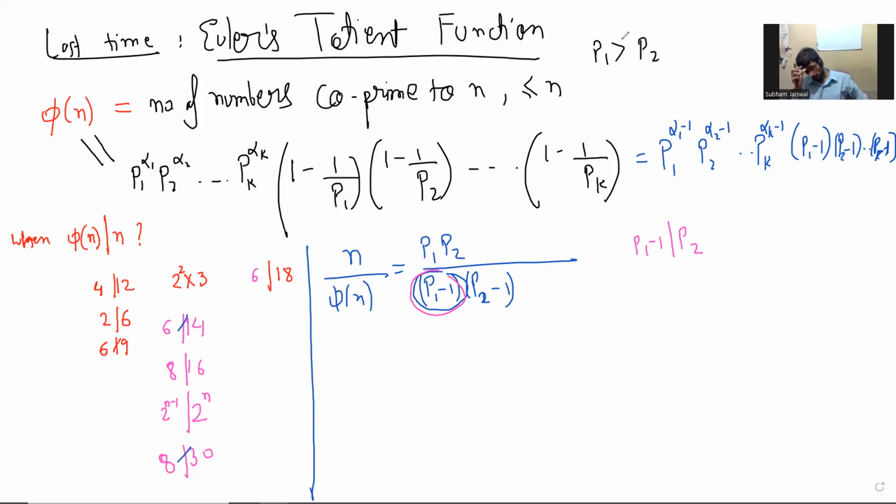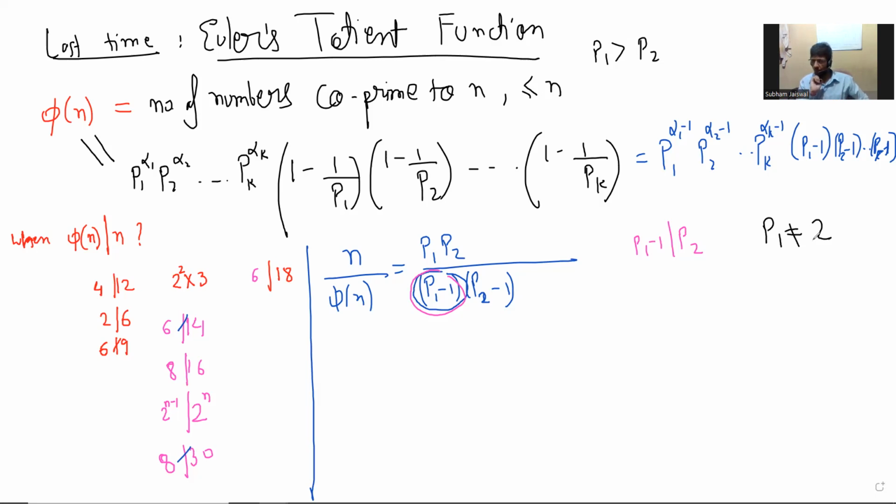So that is correct. If p1 itself is 2, then it works, everything is done. So assume that p1 is not 2.